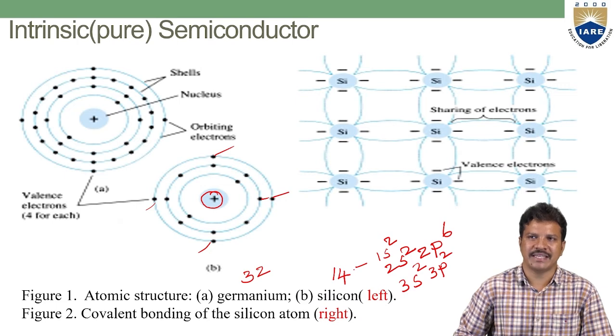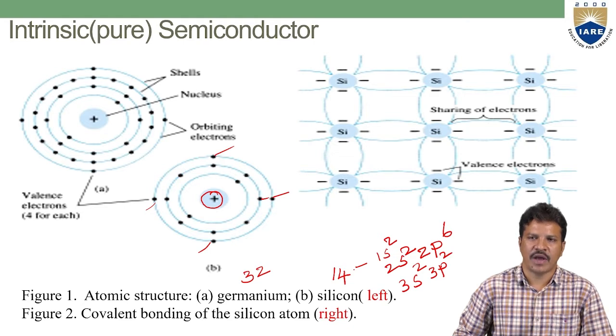If you see the covalent bonding of these semiconductor materials, for example, this is the atomic structure for silicon. The circle with Si represents the silicon atom. Remember, students, all inner orbits of electrons are not shown in this figure.